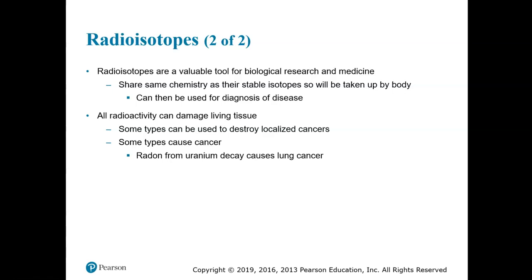You would have to be injected with iodine, and then your thyroid gland would absorb that iodine because it uses iodine to make its hormones. And so in a scan, you would see your thyroid gland, and whether or not it's enlarged, whether or not you have a goiter, whether or not you have a thyroid tumor, that kind of thing.